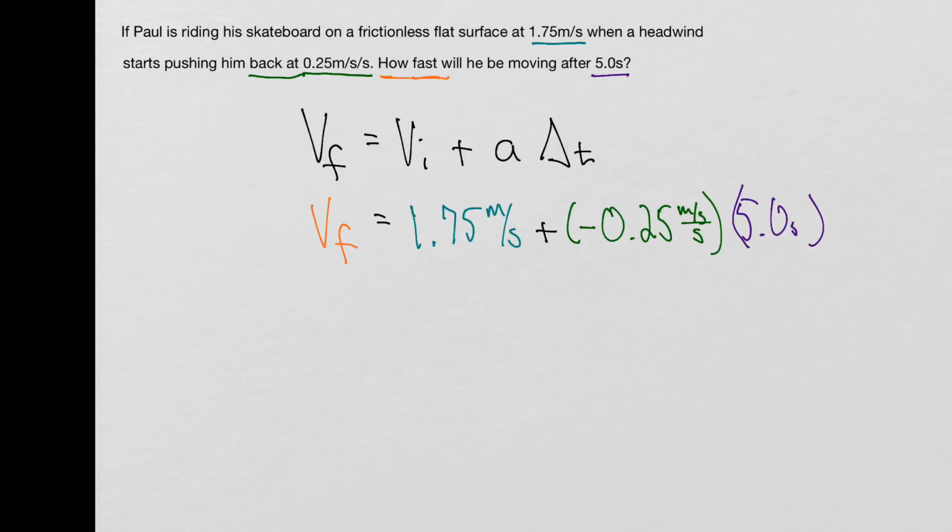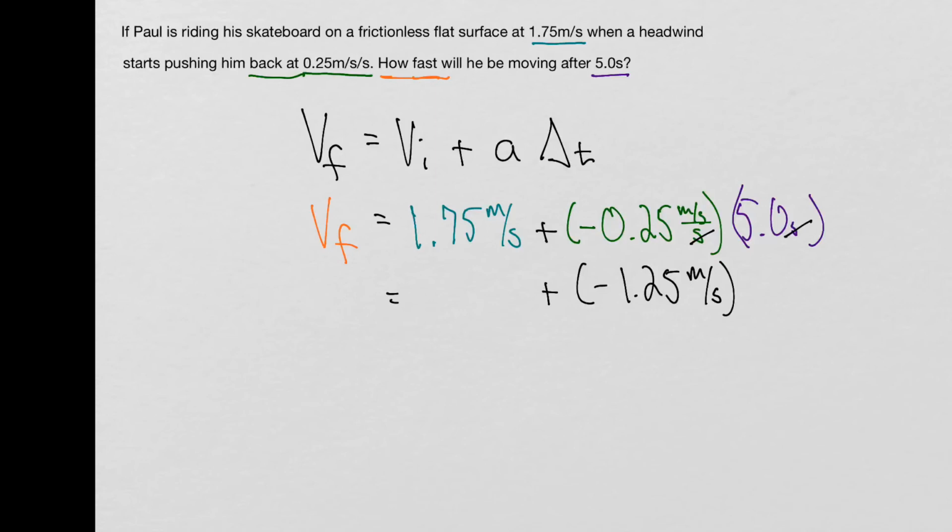All right, so if we do the math on this, let's take these terms, that a delta t, first. If we multiply those together, we come out with a negative 1.25. And if we look at seconds canceling seconds, you'll notice that's going to be an answer in meters per second.